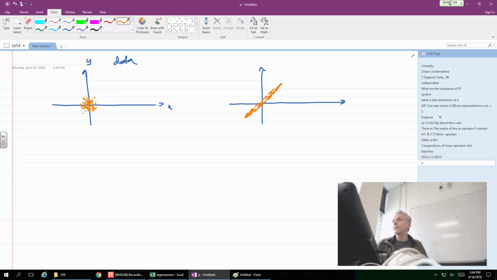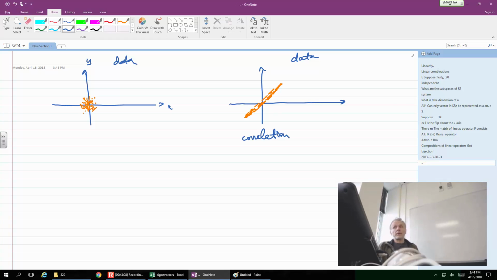One kind of data is on the left, and the other one is on the right. So what does the right picture tell you? There's a correlation, yes. And how do you discover that correlation?